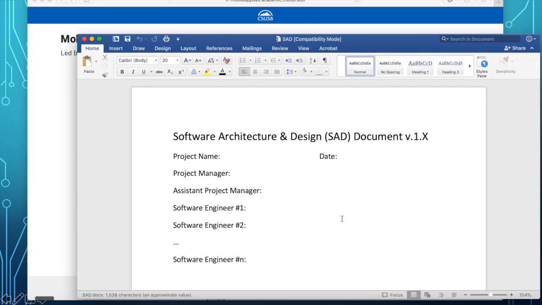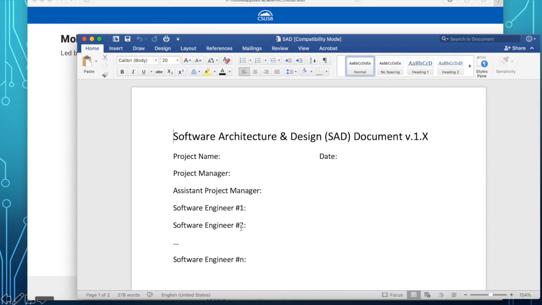So you have the title of the document, Software Architecture and Design, called SAD, and project name and the date, who is the project manager, who is the assistant project manager, and this is the responsibility. Writing this document is the responsibility of the management team, consisting of the project manager and the assistant project manager.